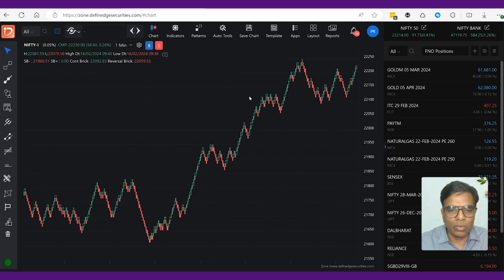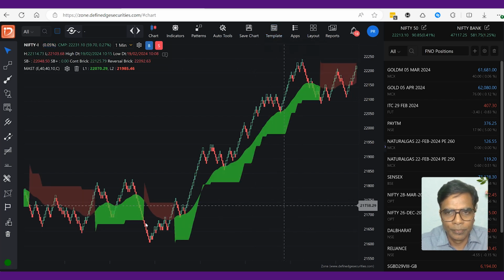It has these bars using these parameters, and here the box size is 0.05%. Now for more details, as I said, we will link to those Renko chart system videos. Now I'll add the MAST system from my template, and we have this MAST Cloud.